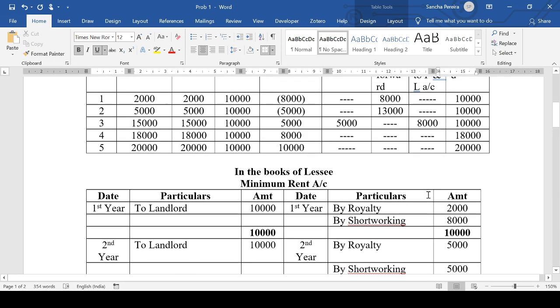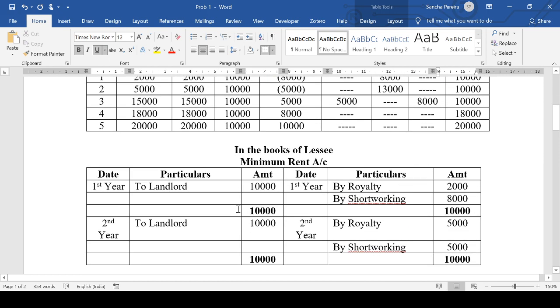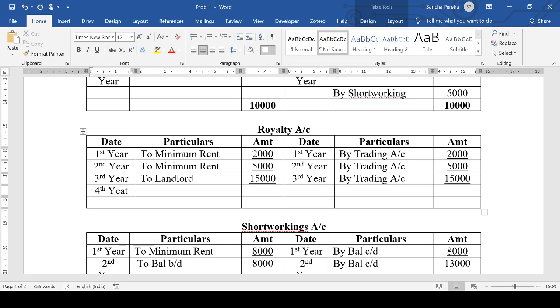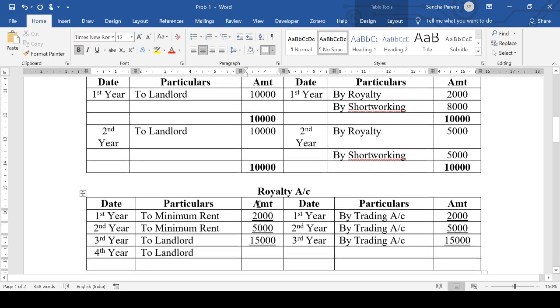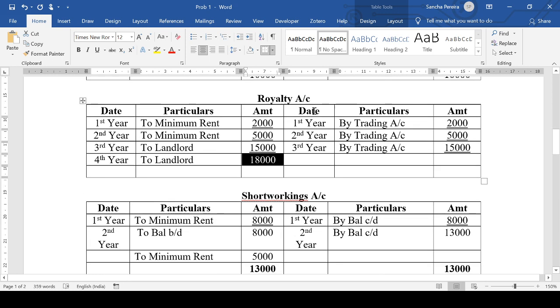Now we go on to the fourth year. Again, royalty is more than the minimum rent. What's the first entry? Royalty account debit to landlord account. So fourth year, to landlord, I think it's 18,000. Sorry, royalty account to landlord.